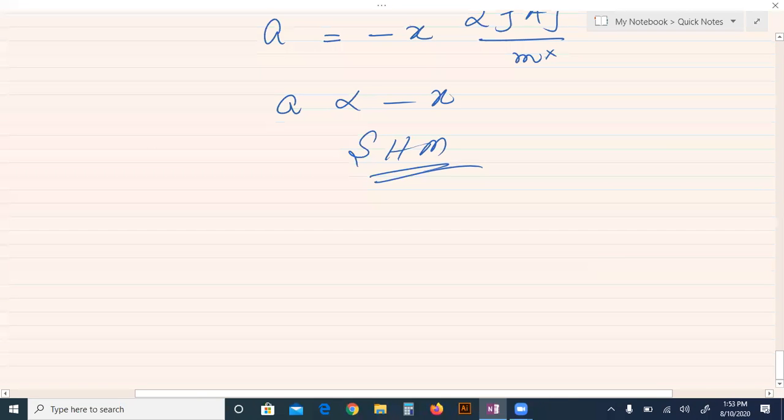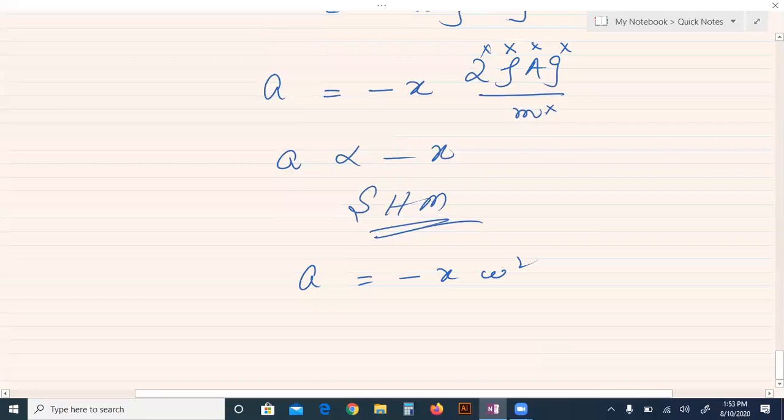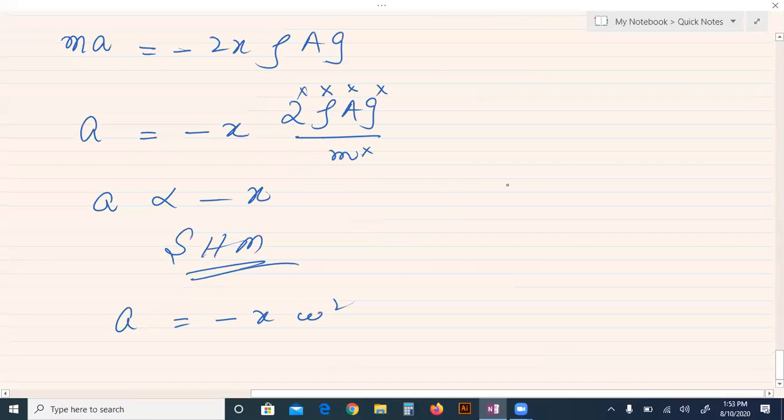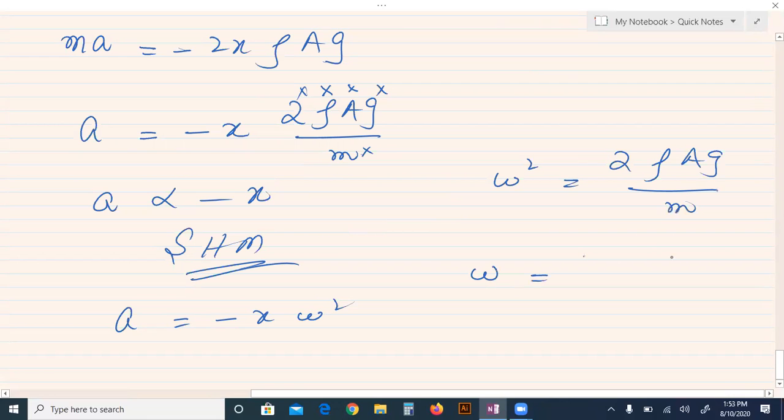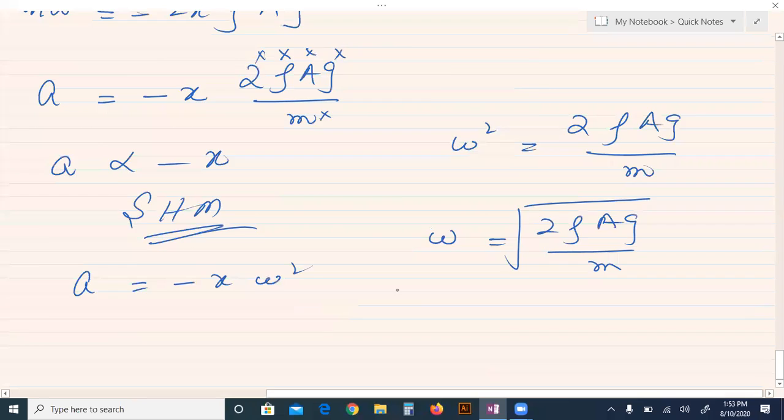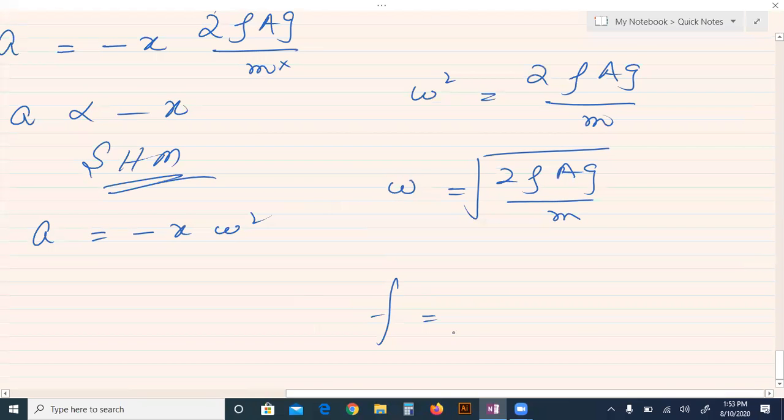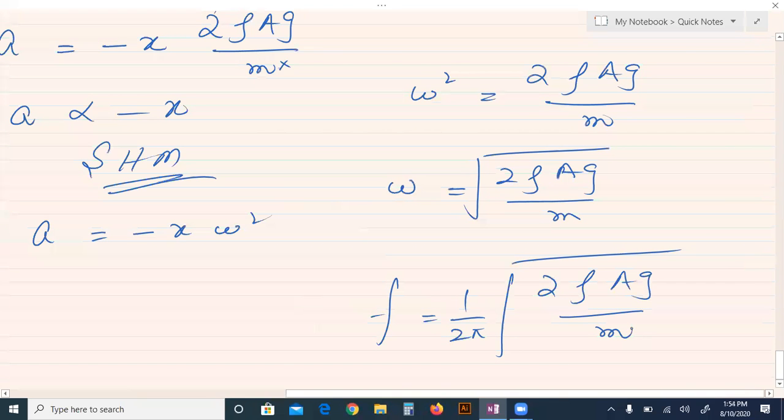And when this is compared with minus x omega square, omega square is equal to 2 rho Ag over m, meaning the angular speed is the square root of 2 rho Ag over m, and the frequency will be 1 over 2 pi times the square root of 2 rho Ag over m.